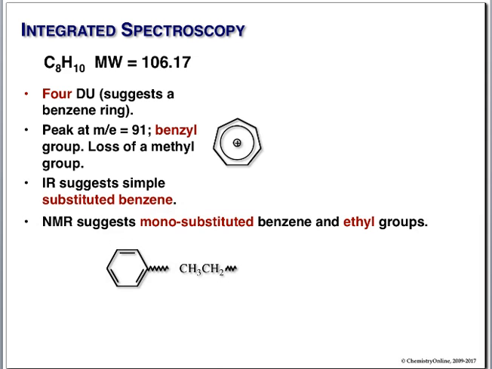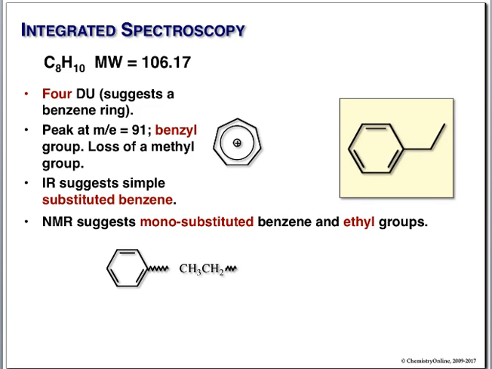We have a benzene ring, we have an ethyl group. We have a tropylium ion, which means that there's a CH2 attached to our ring. IR suggests a simple substituted benzene, and of course this is ethyl benzene.